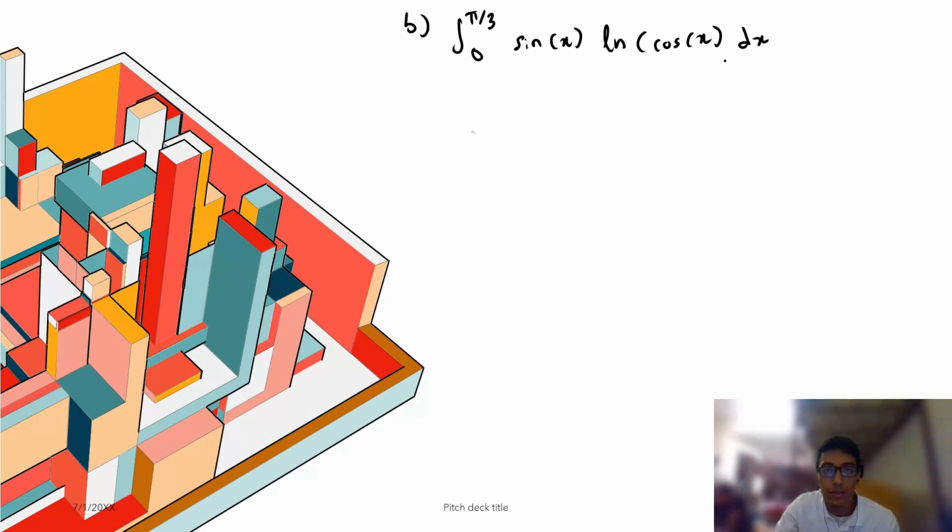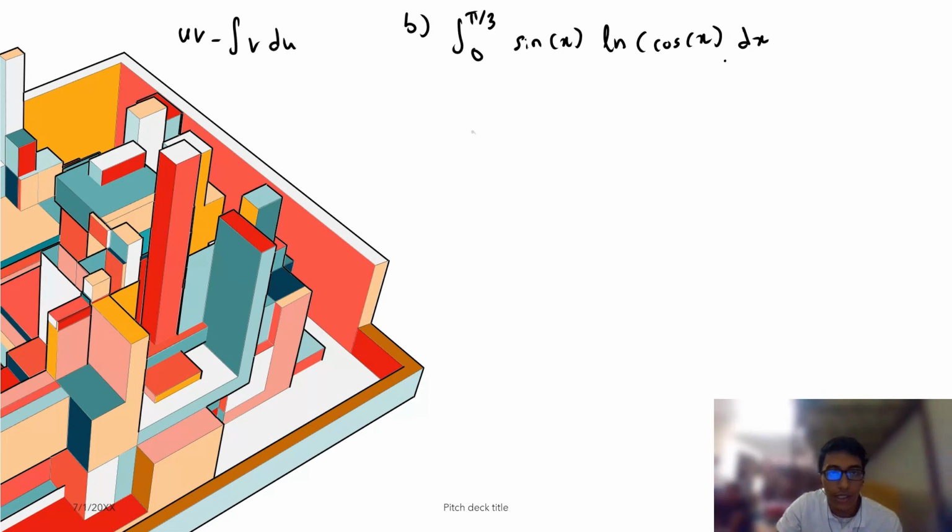Since the question asks to do the solution by integral by parts, so we use this formula uv minus integral v du.